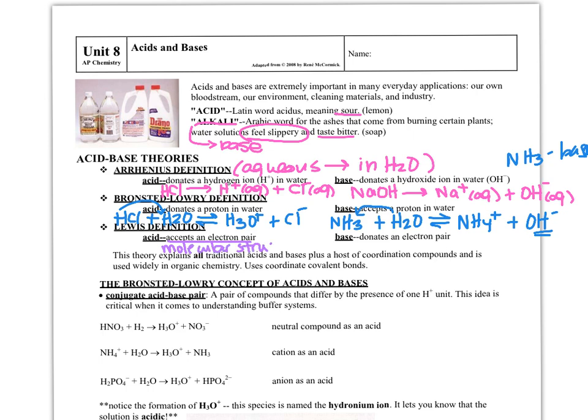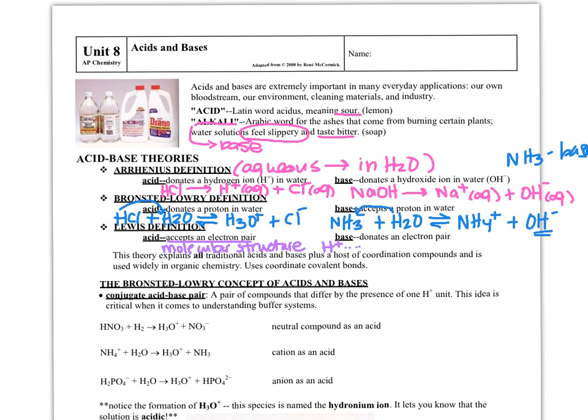Something that is considered an acid is usually deficient in electrons. So hydrogen ions are deficient in electrons, and so they're going to accept an electron pair. And then a base is something that donates an electron pair. An easy example: hydrogen ions are deficient.